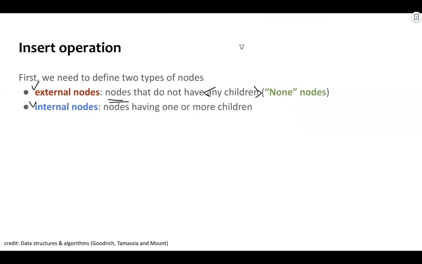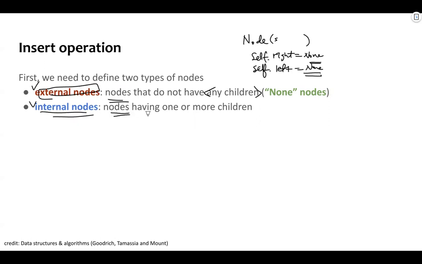In the previous classes, we defined the node class, and when we were defining the node class, we defined self.right as None by default and self.left as None. And these None nodes are actually external nodes. And internal nodes are nodes having one or more children.